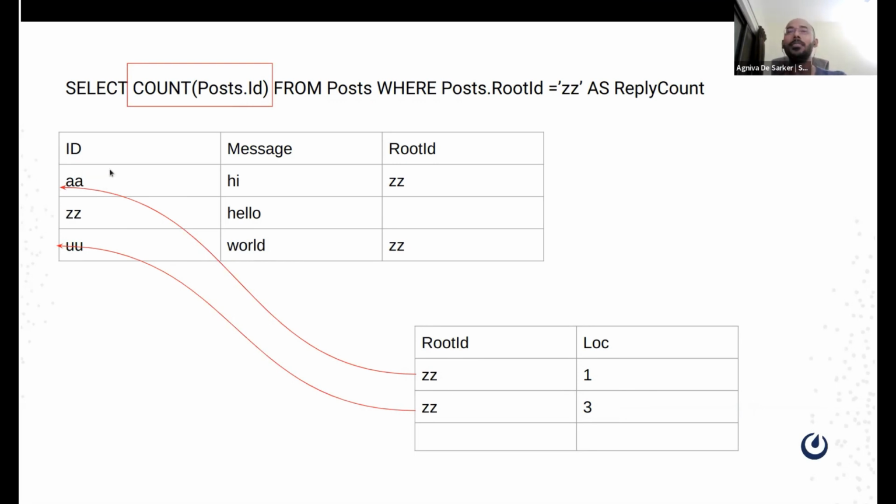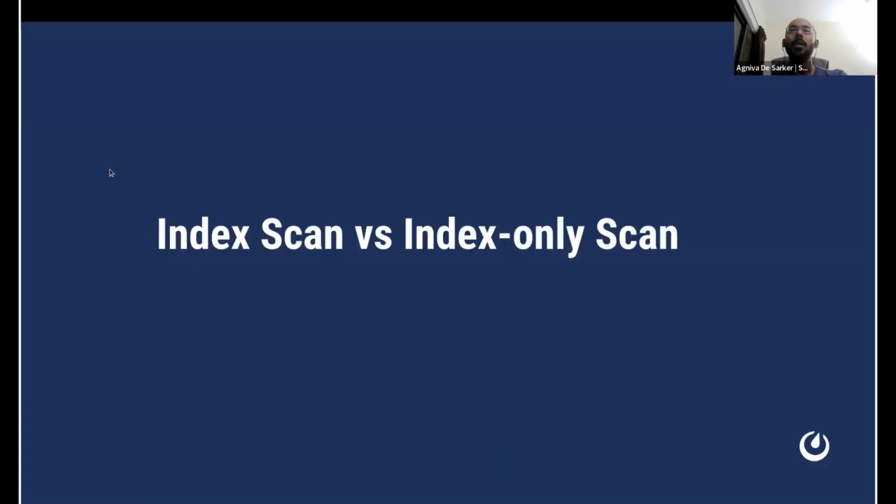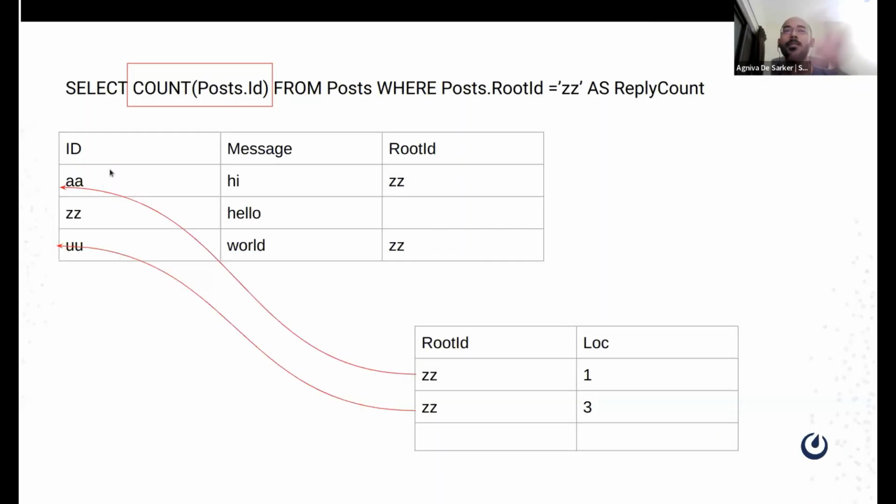There is a difference here. This part should be fairly clear: we are just using the root ID index here, and then this points back to the ID column, and then we are just counting the number of posts.id.